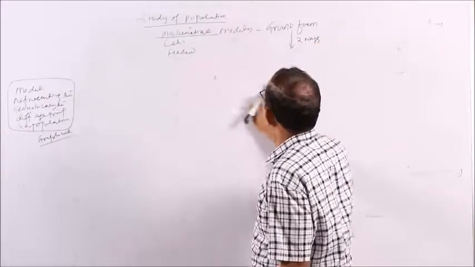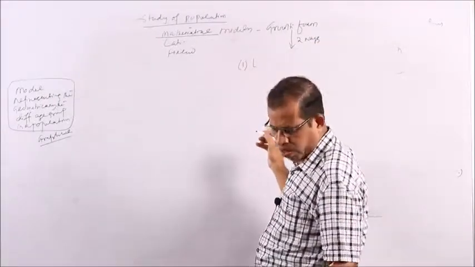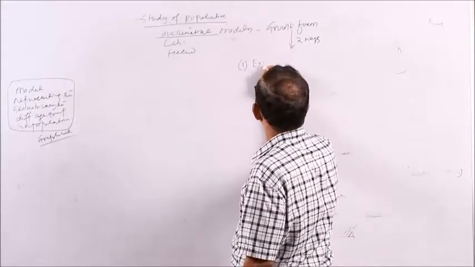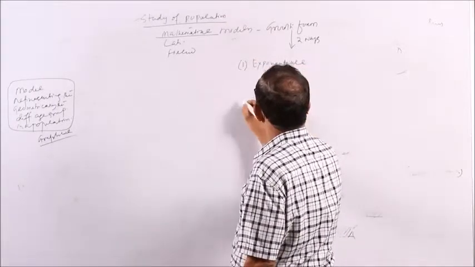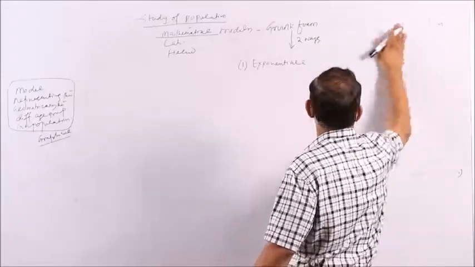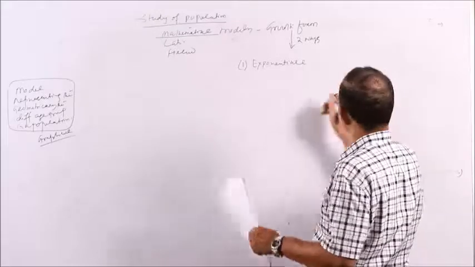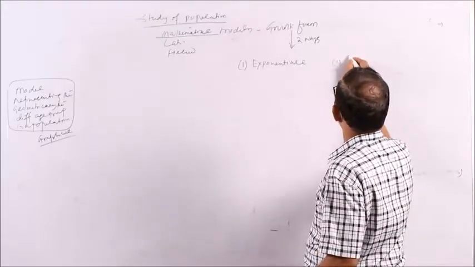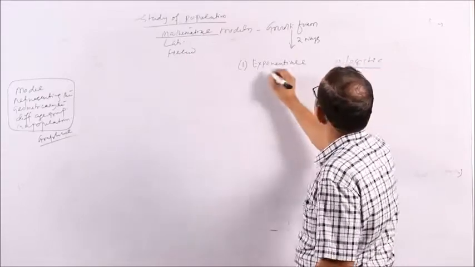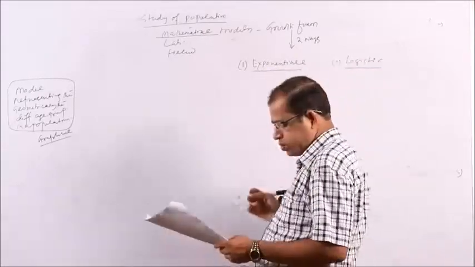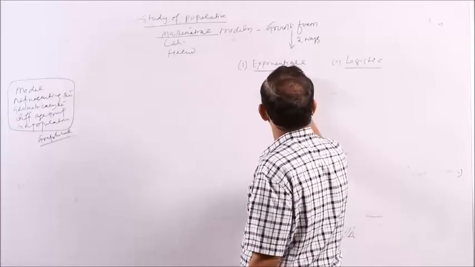The first one will go for exponential, the second one will go for logistic. Okay. Now, what is exponential growth? The second one is called logistic growth.